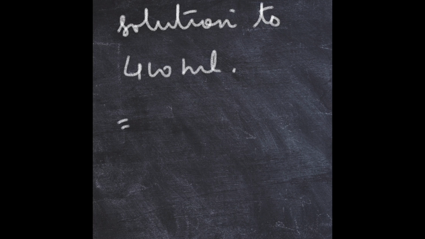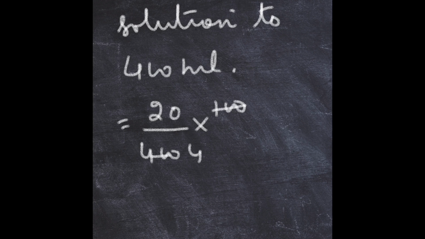So this becomes 20 upon 400 into 100. So this is 5%.